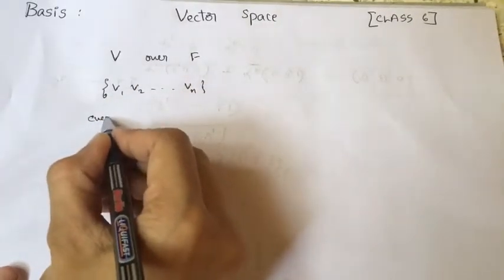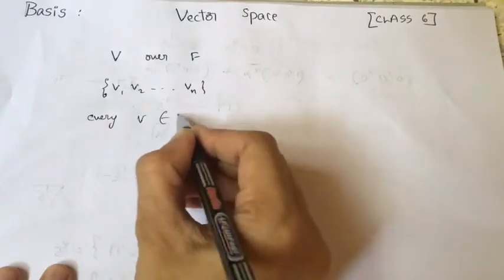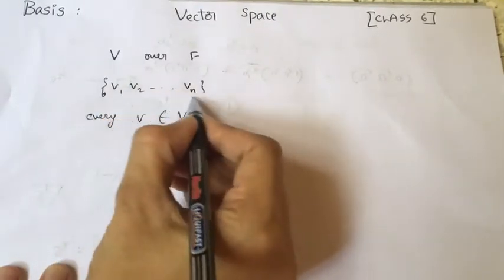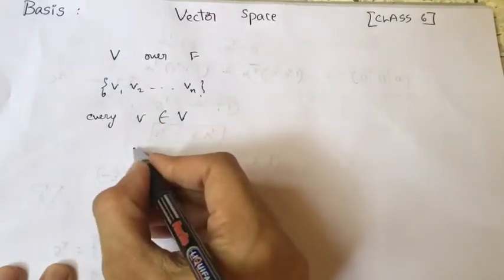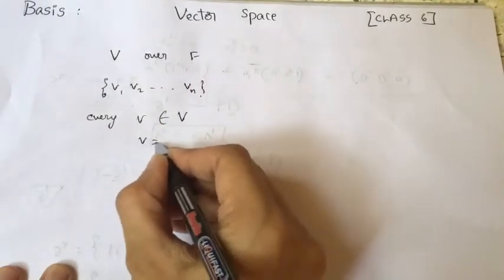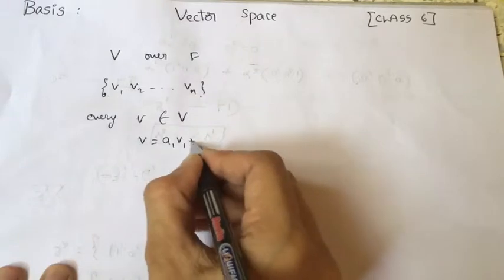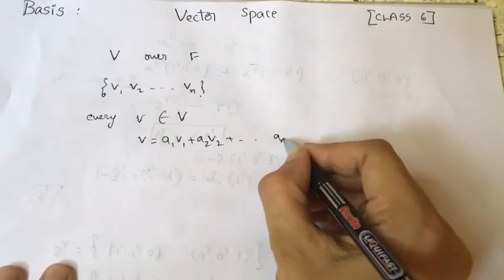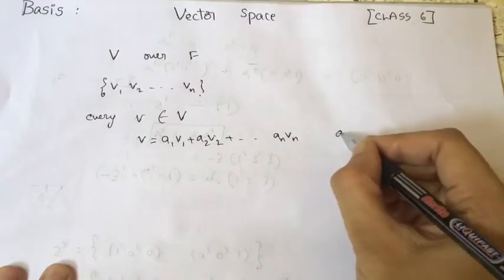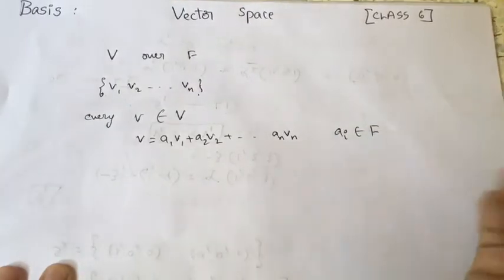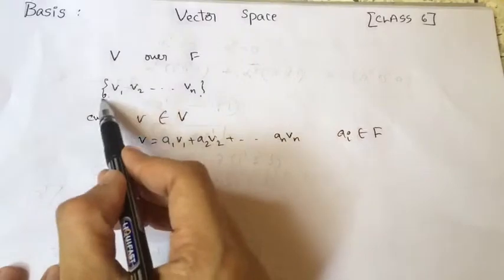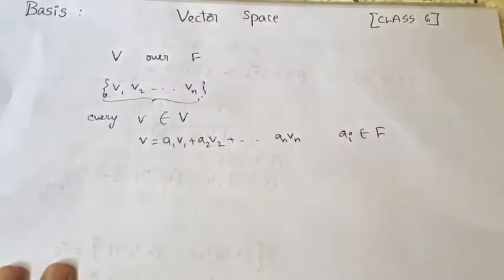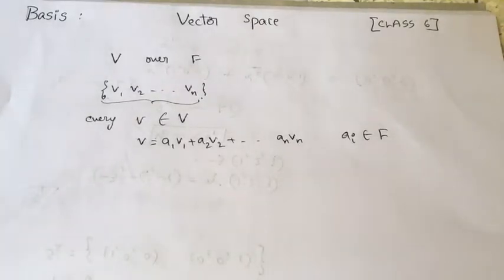Means if every v in V can be written as a linear combination of these vectors, and this expression is unique, a1 v1 plus a2 v2, like that, an vn, where each ai is from the field F, then I can say that this set forms a basis for the vector space V.